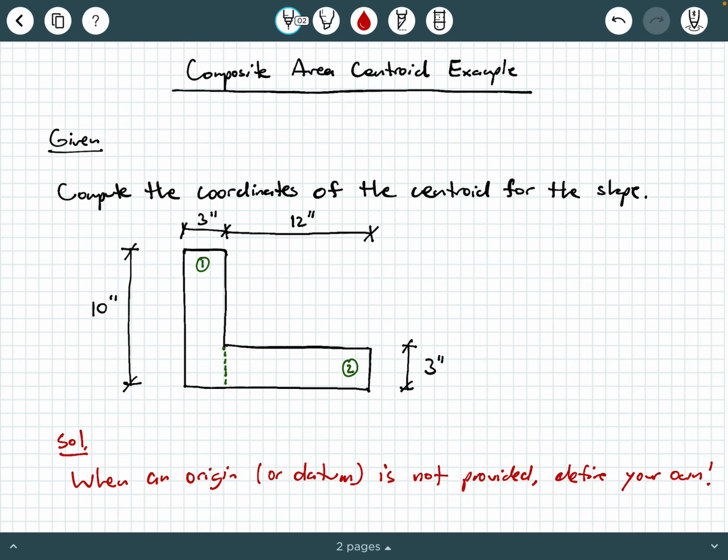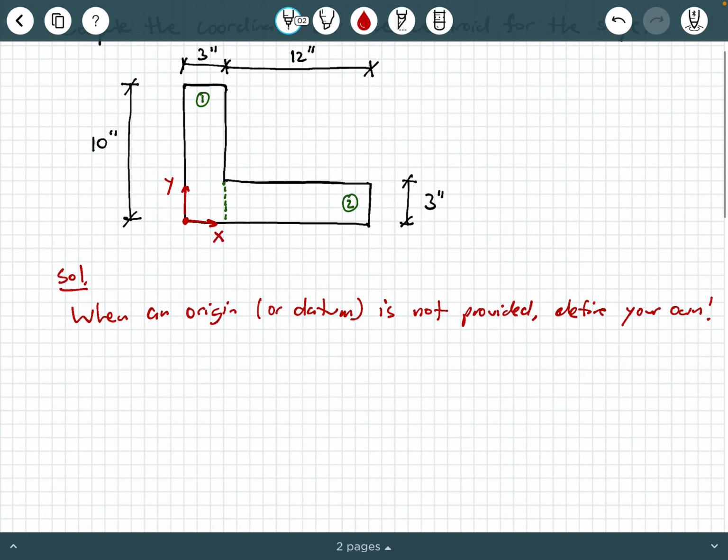Since one is not provided, I'm going to define my origin in this bottom left corner. If you ever have to define your own origin, you want to define it in a very convenient spot that makes your calculations less miserable. I'm going to call this my y-axis, and this my x-axis, and this bottom left corner is my origin.